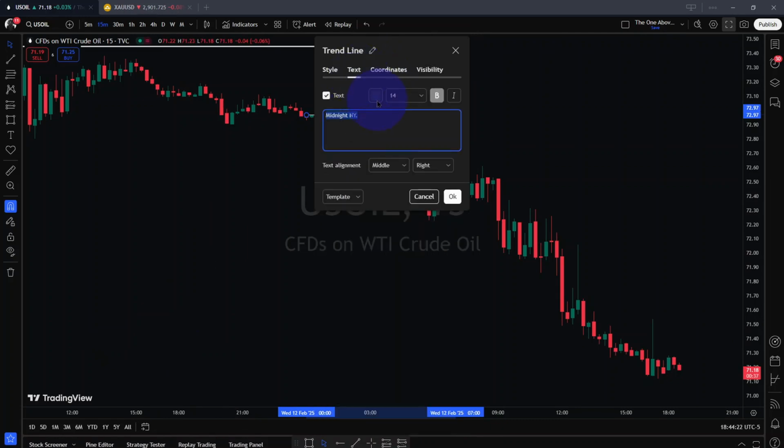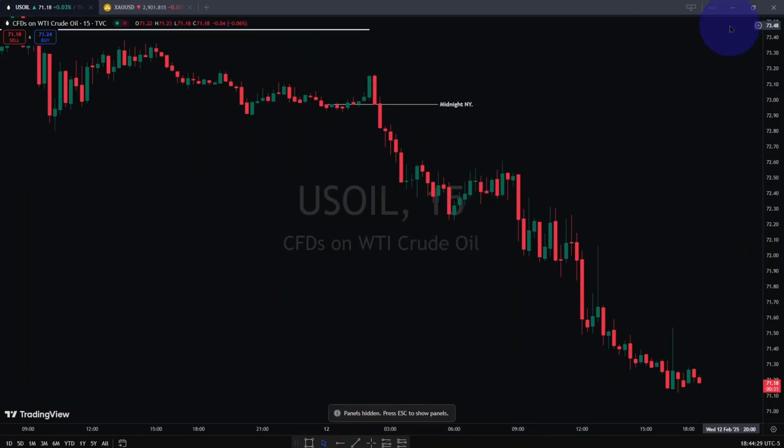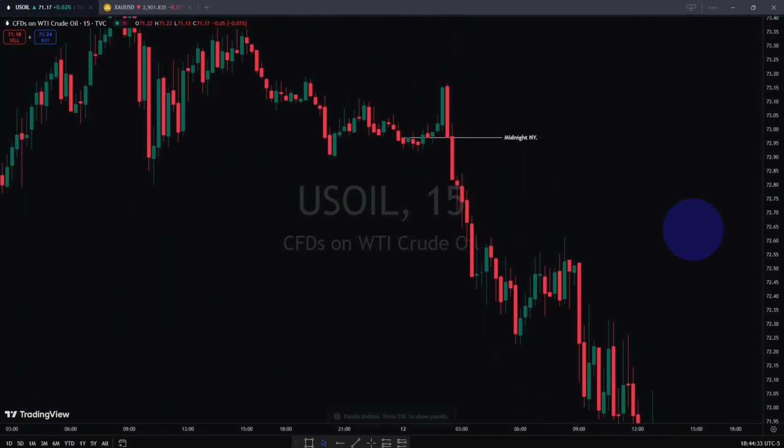So this is the midnight opening price, and if you're bearish, you want to see price run against the opening price, and the time of day you want to execute is between 3 and 4.